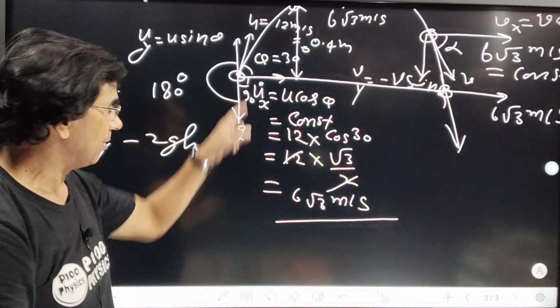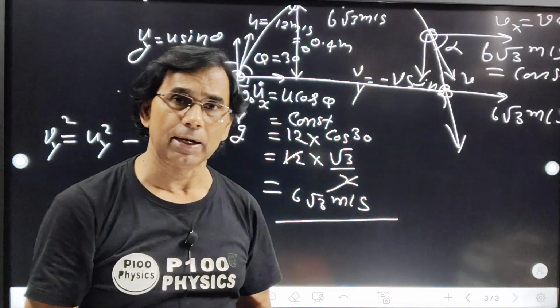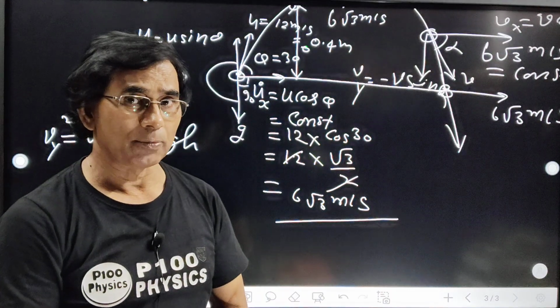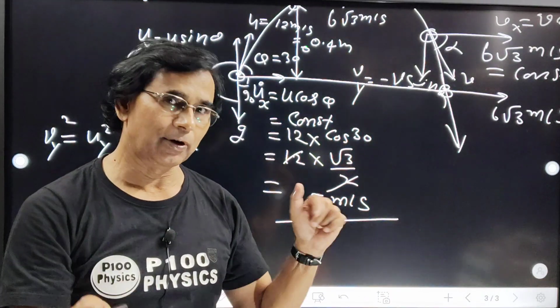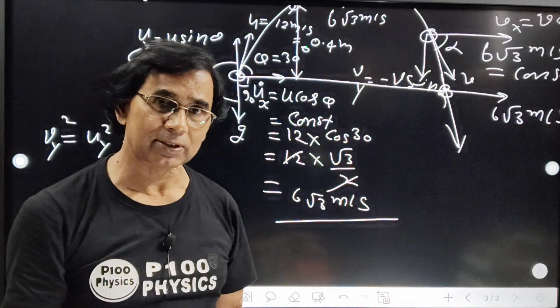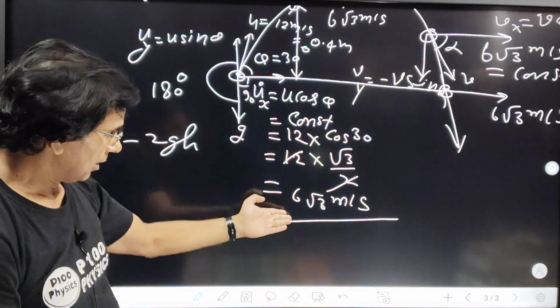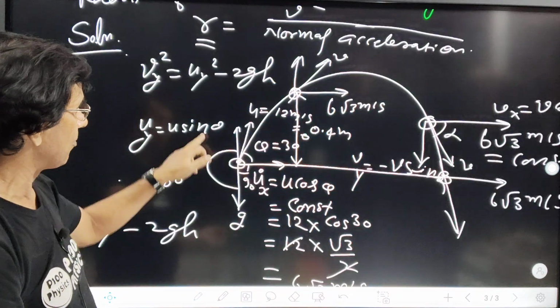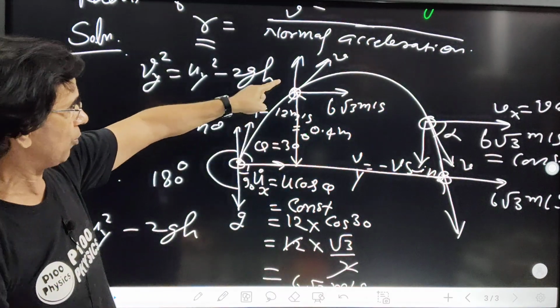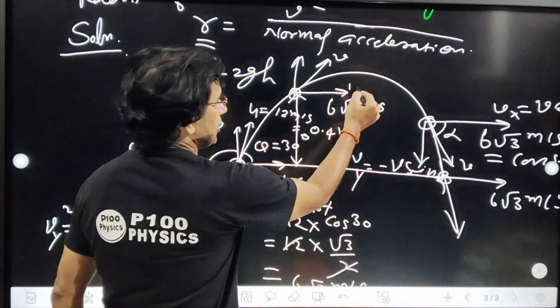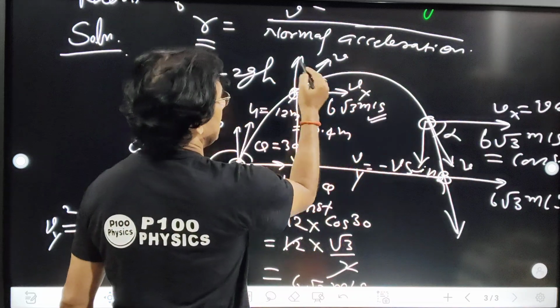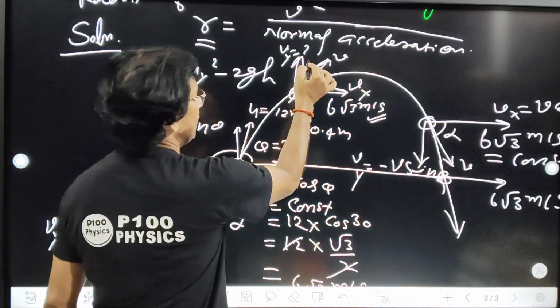You have to find the final value, and you can determine it only when you know the horizontal and vertical components. The horizontal component is fixed, no problem, but the vertical component continuously decreases, so you have to find this value.